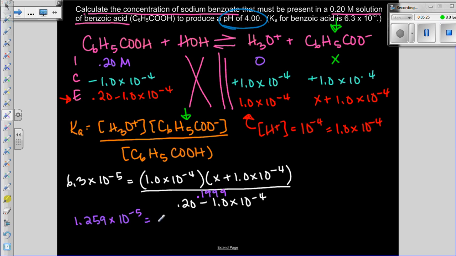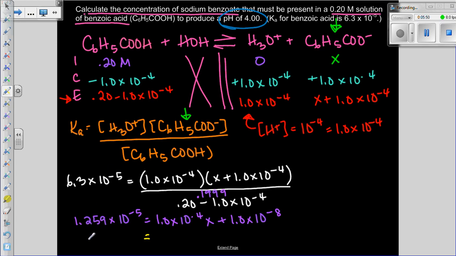That is equal to 1 times 10 to the negative fourth x, because I'm distributing here, plus 1 times 10 to the negative eighth. Okay, I am going to combine like terms, so 1.259 times 10 to the negative fifth minus 1.0 times 10 to the negative eighth.